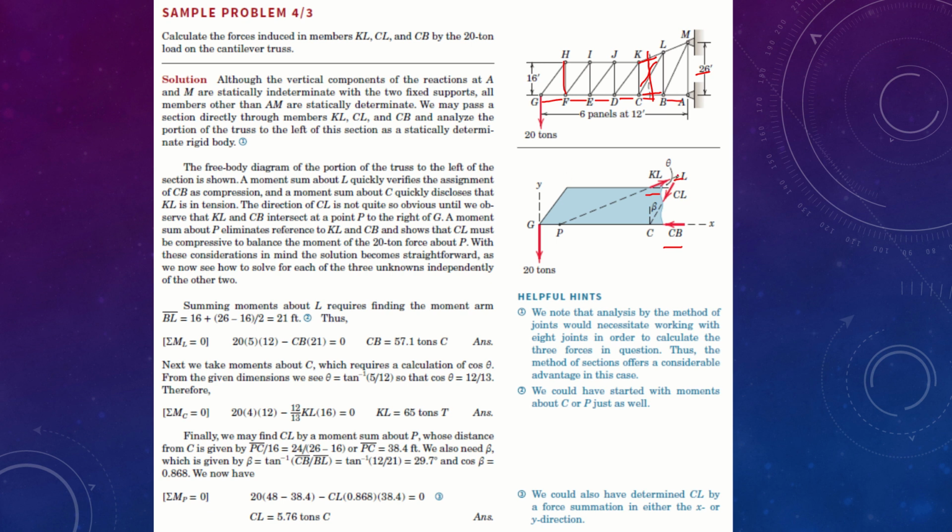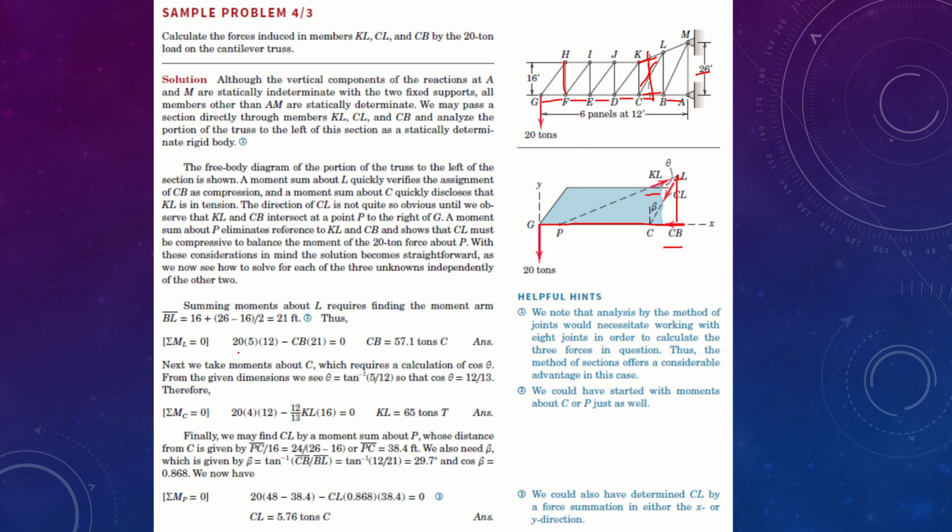The only two forces that are acting and perpendicular to L are the force CB, with this drop along here, and the length going towards L. So we know the value of LB, that is about 21 feet, and we know the length from G to point B, that is again how many planes, 1, 2, 3, 4, 5 times 12.